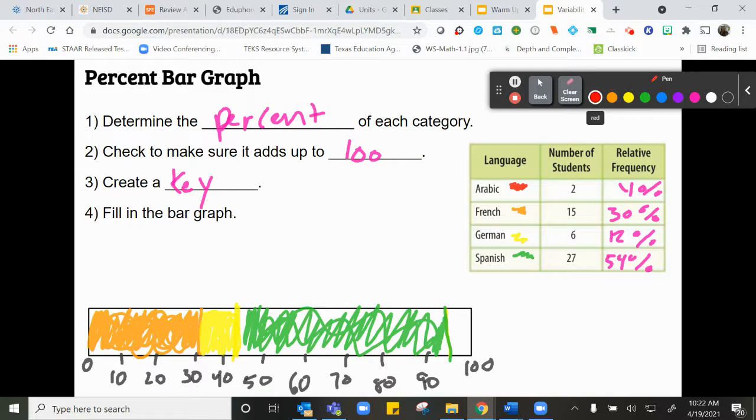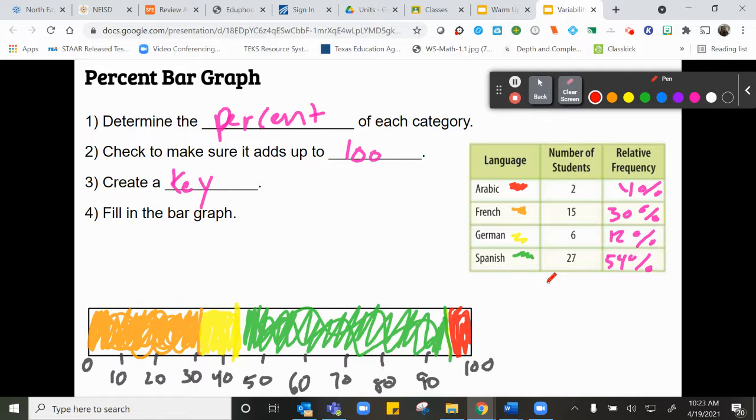And then last I have Arabic, which is about 4%. So if I'm about here at 96, plus 4 goes to 100. So looking at my graph, I see this goes all the way to 100%, which means it adds up correctly. And I have all 4 languages being represented by their colors.